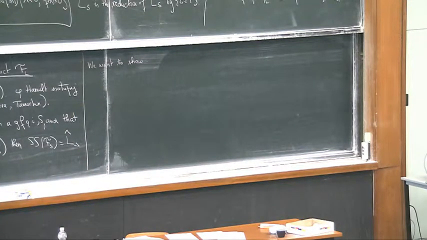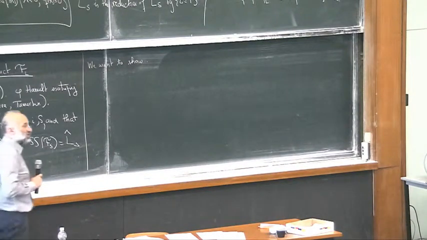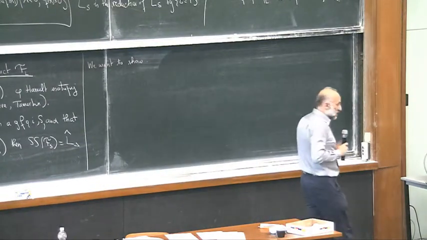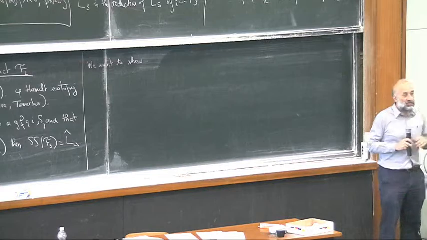So what we would like to show is that if you start from L0, and L0 is the singular support of some sheaf, and you apply some Hamiltonian transformation, then phi of L0 also is the singular support of some other sheaf. Okay.